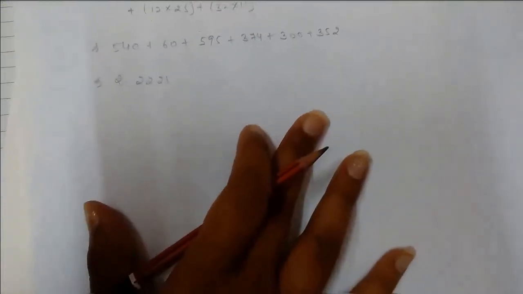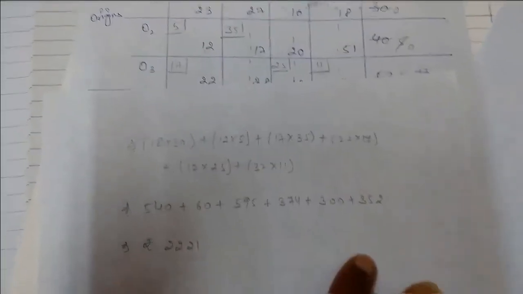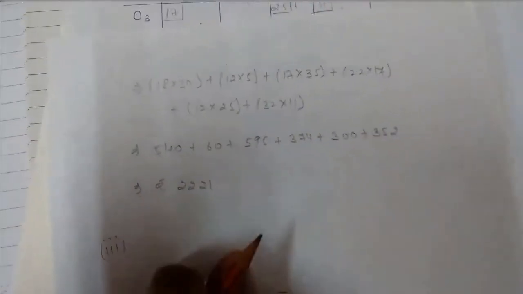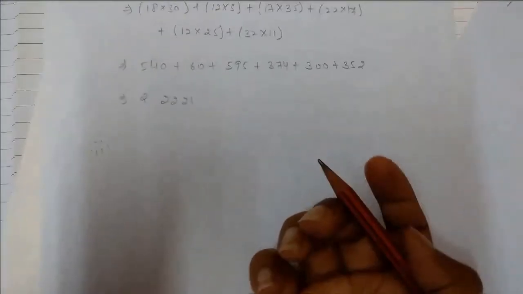Now in the third part, what you have to tell is which method do you think will be suitable to solve this question, northwest corner method or VAM method. Do this part and the fourth part yourself, as I'm not gonna tell you.